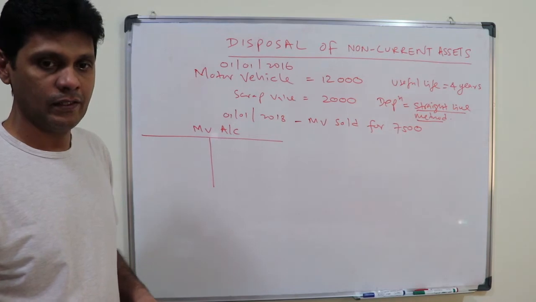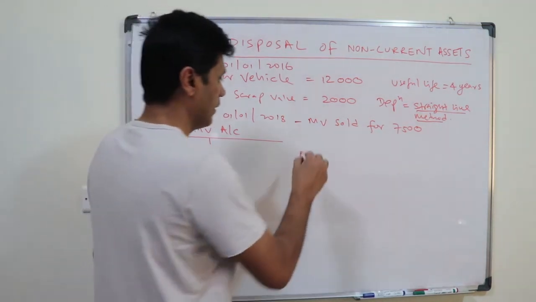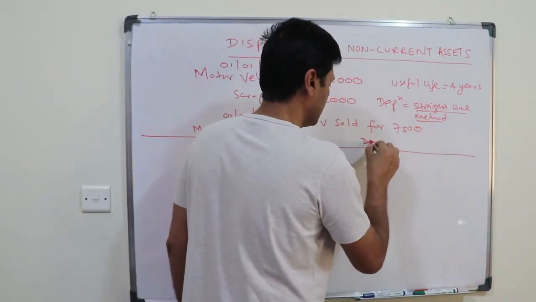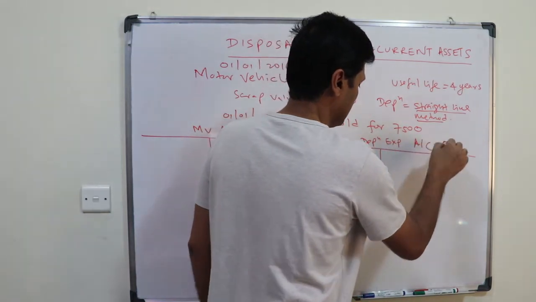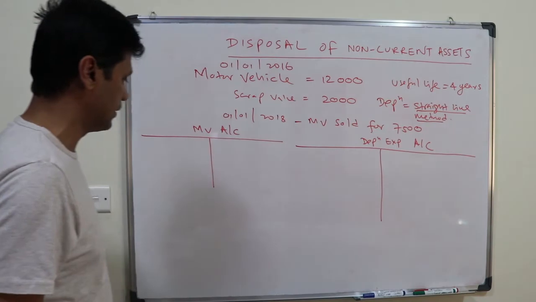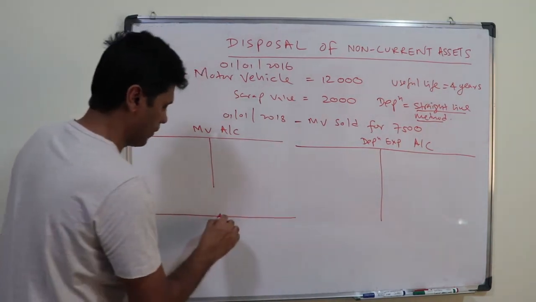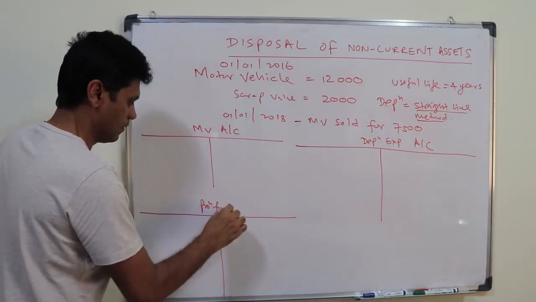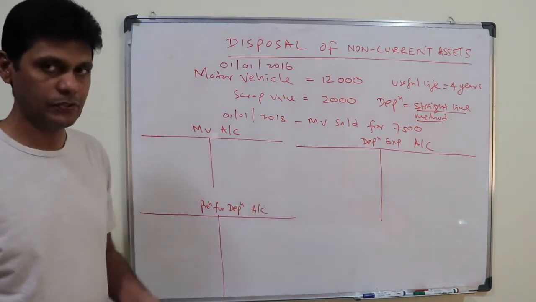Then you need a depreciation expense account, because you need to record the depreciation. What else you need? Provision for depreciation account.